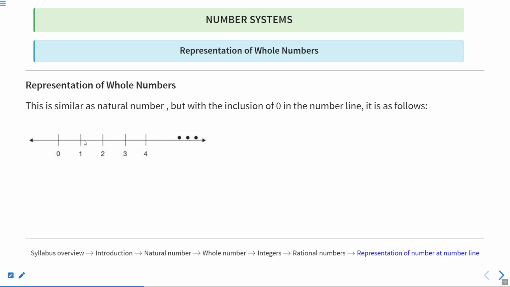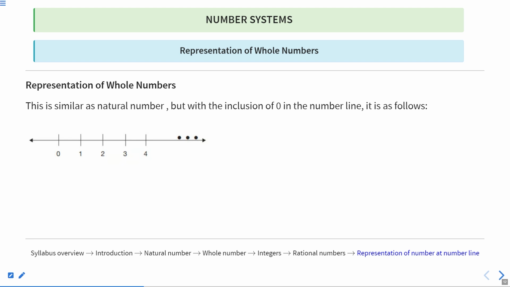First of all, mark a point which represents 0, and on the right hand side of 0, we take the numbers 1, 2, 3 at equal intervals of length. So this is the representation of whole numbers on the number line. And here the three dots indicate the continuation of the numbers indefinitely.